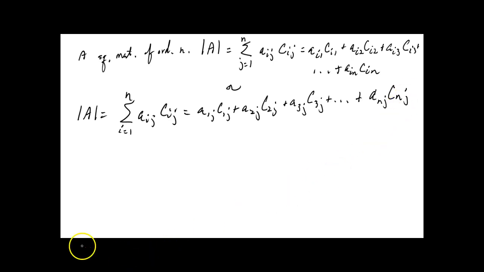Now, all this mess about cofactors, yeah, it's all true, but in reality, it's so much easier than thinking about a cofactor. So here's a matrix of order 4. Find the determinant of this matrix. Row one: 1, -2, 3, 0.